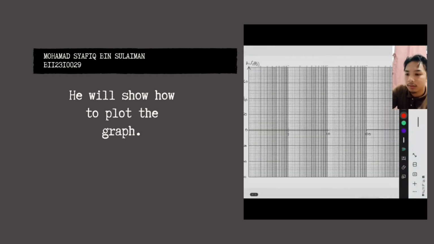The first thing is we make the graph of the gain. So we can start 20 at horizontal.